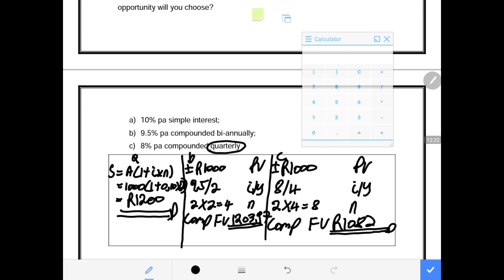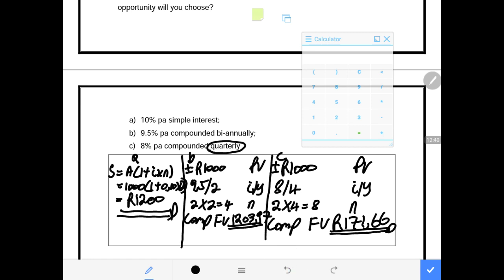Then our future value, sorry, that is not correct, that is 1171 rand 66 cents.